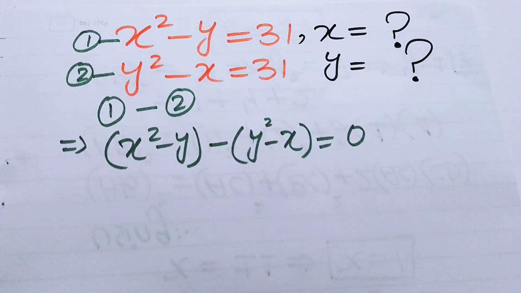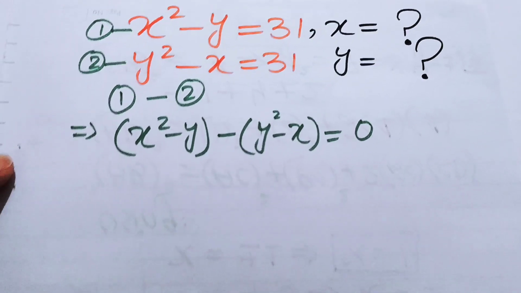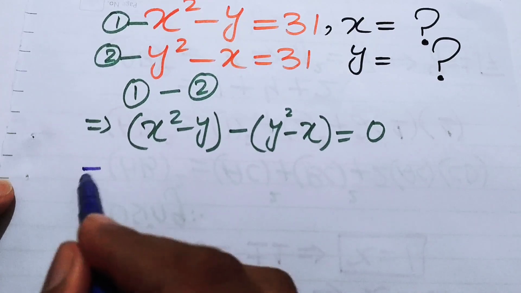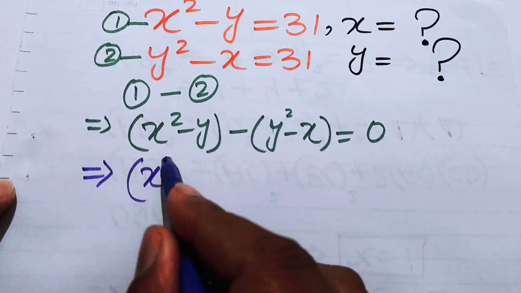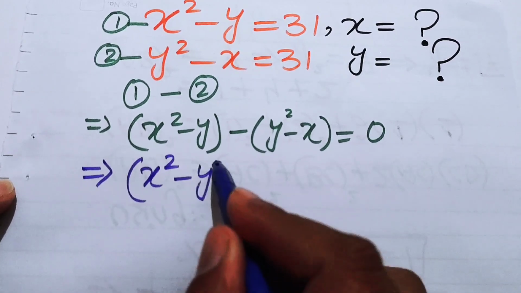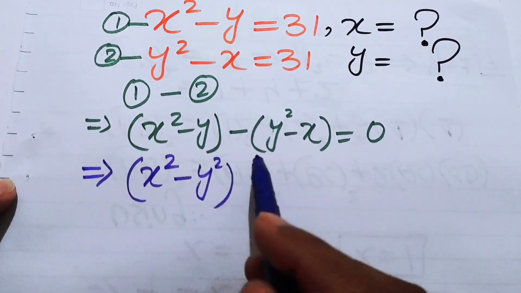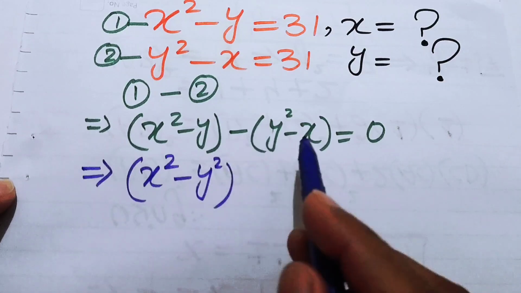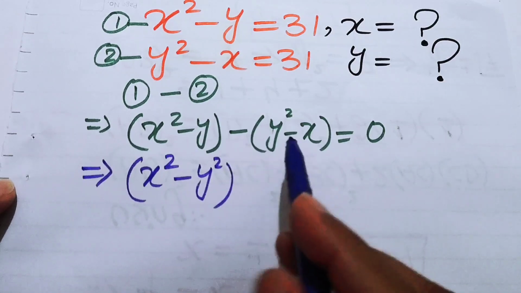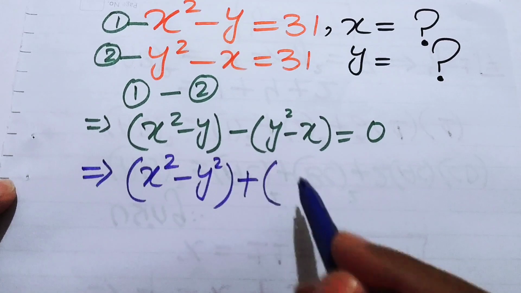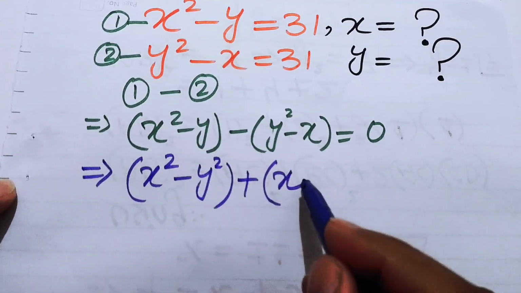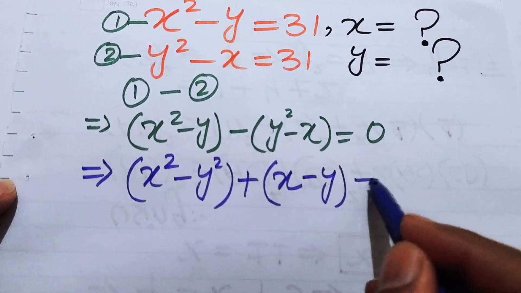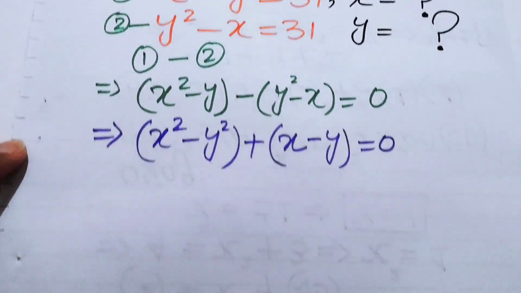In the next step we rearrange the terms, and here first we make the pair of x square with y square, and we write it as x square minus y square, and after that when we multiply this minus sign it becomes plus, so we write plus x, and here we have minus y, so this equals 0.